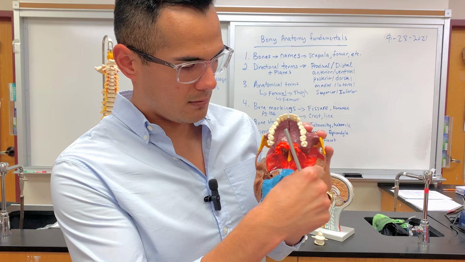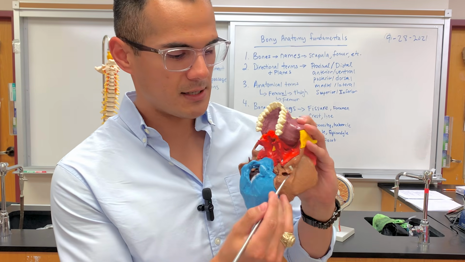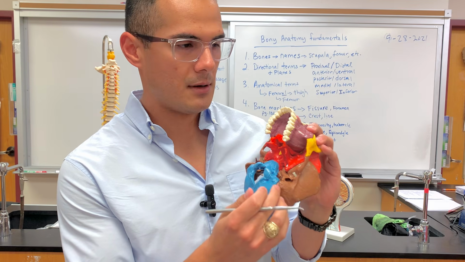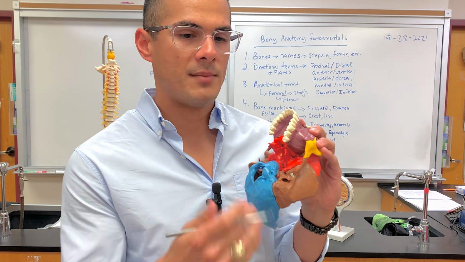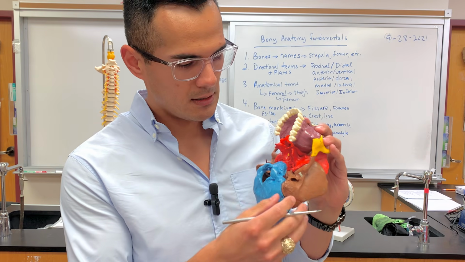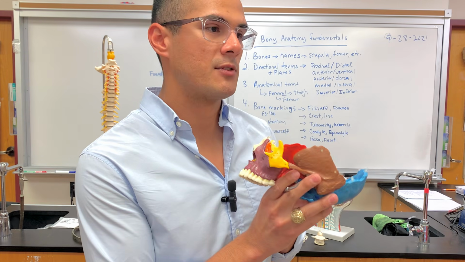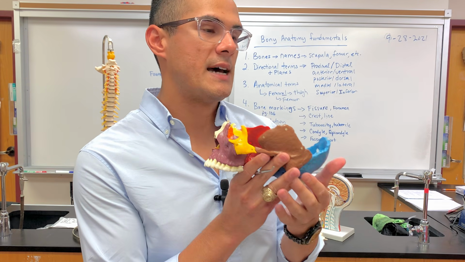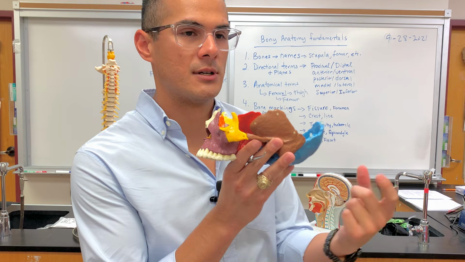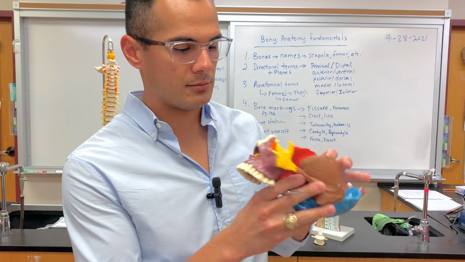When we talk about processes, this is also a process. It's known as the mastoid process. Mastoid is Latin for breast-like or breast-shaped. What they serve as is points of attachment for muscles. So muscles will attach here, and then they travel to another particular bony landmark on a bone.